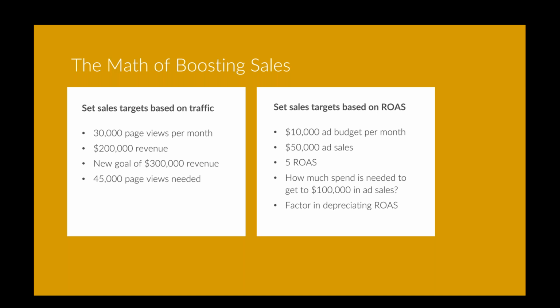A couple of ways to look at this: the first one is to set sales targets based on traffic. When your universal goal is to grow top line sales, using these metrics can make it a more predictable and mathematical process.